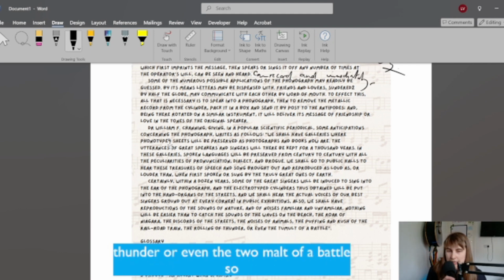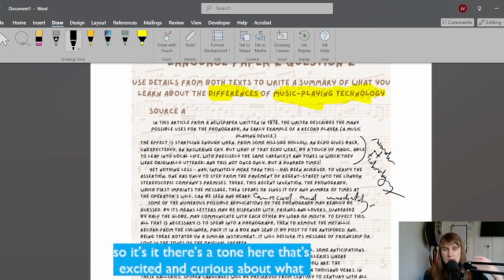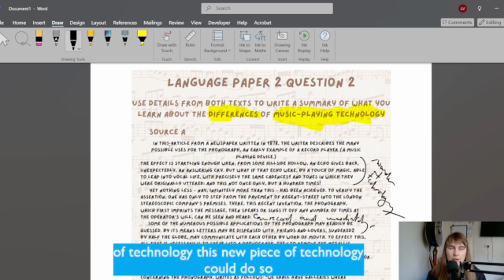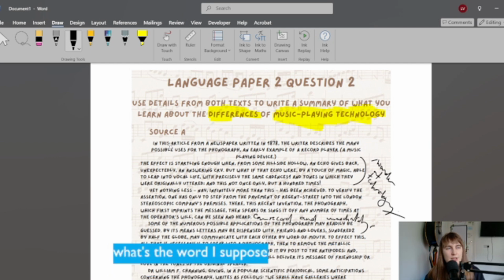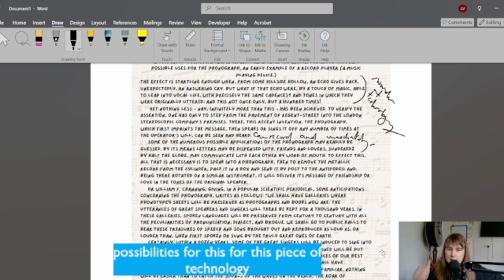So there's a tone here that's excited and curious about what this new piece of technology could do. So there's a lot of curiosity and intrigue about the possibilities for this piece of technology, and it lists some of the things it can do.